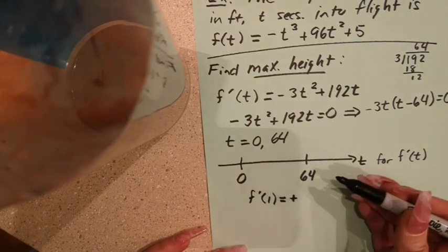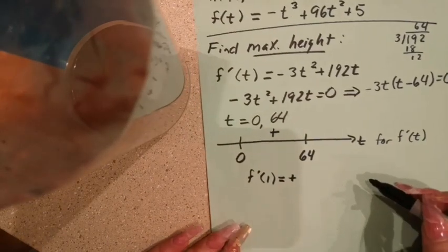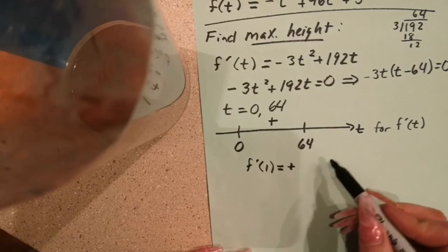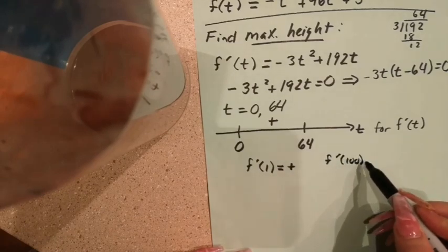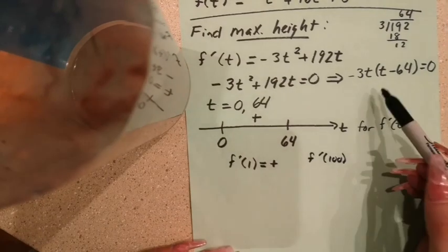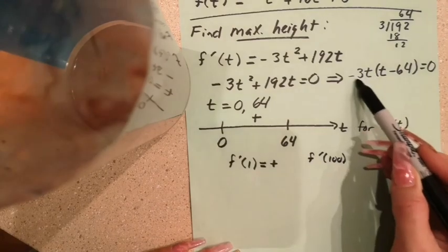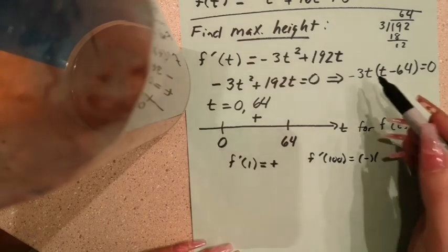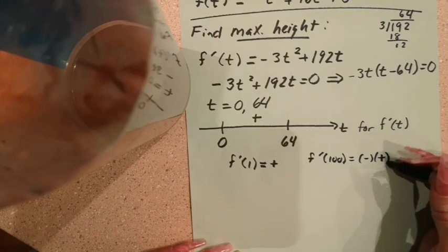So positive. This is positive. Well, so let me see. If I take a big number, let me look at something like 100. See if I can figure out the sign. So if I plug something like 100 in here, well, this is going to be what? -300. So I'm going to have a negative here. And then 100 minus 64, positive. So this is a negative number.